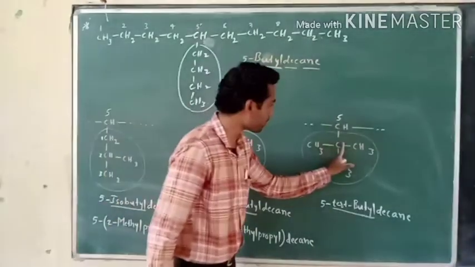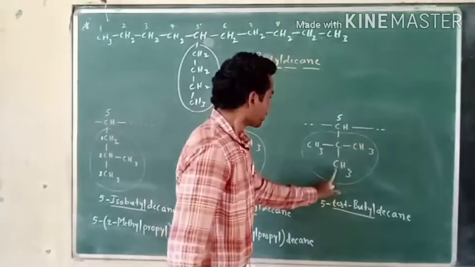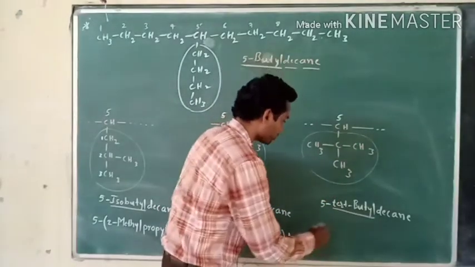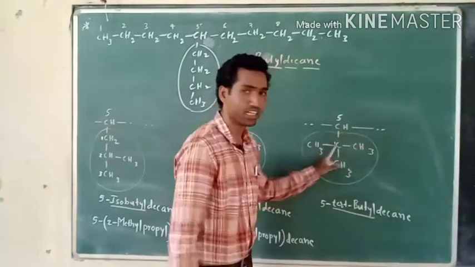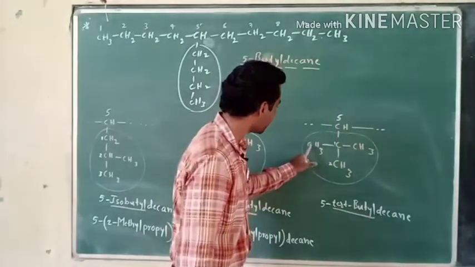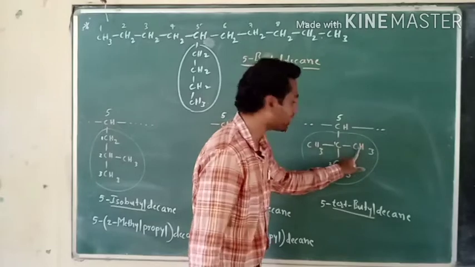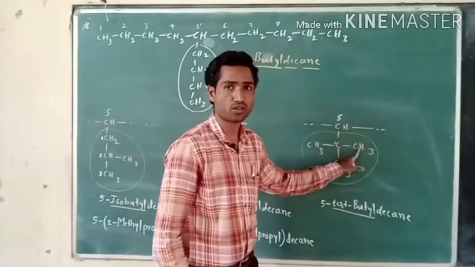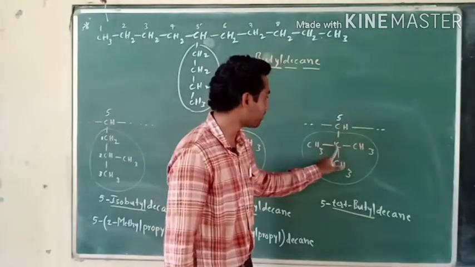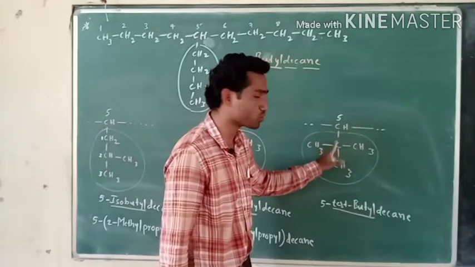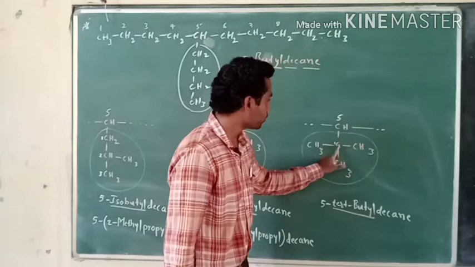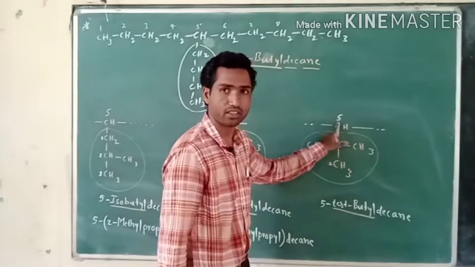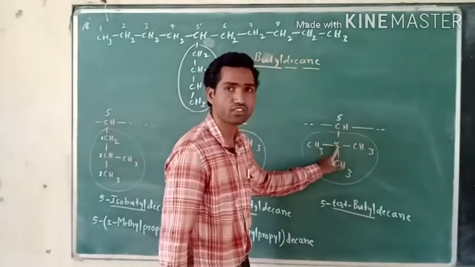So how to write the systematic name of this substituent and the molecule? The longest carbon chain is 1, 2. Here many students may get confused, thinking 1, 2, 3 carbons are there. No. What the rule says is, while identifying the longest carbon chain in the substituent, the carbon which is attached to the main chain should be the point of start.